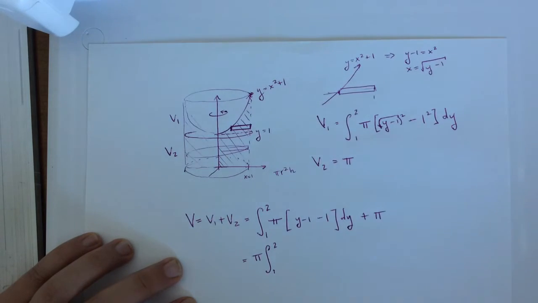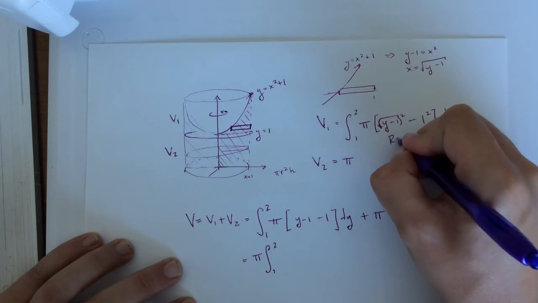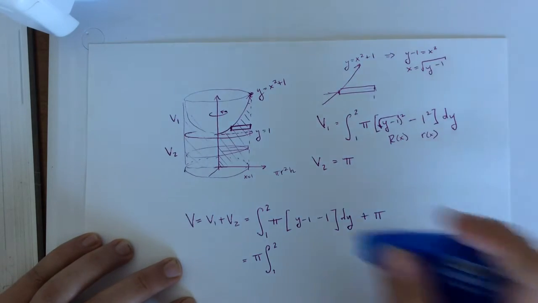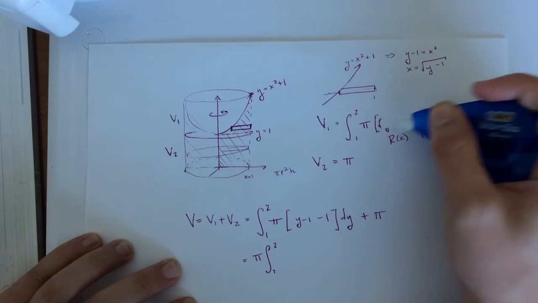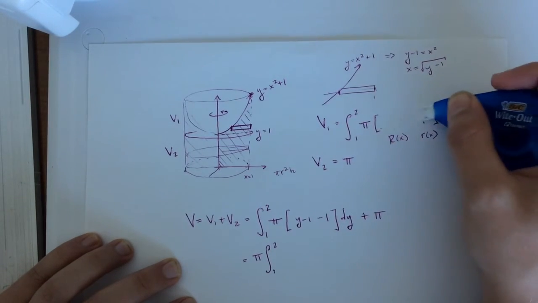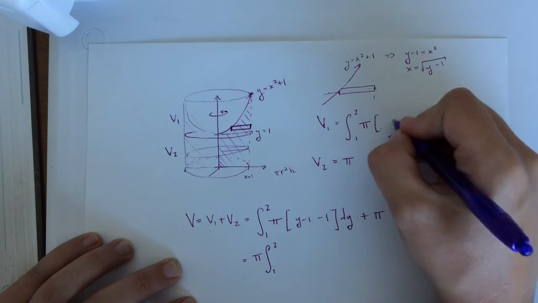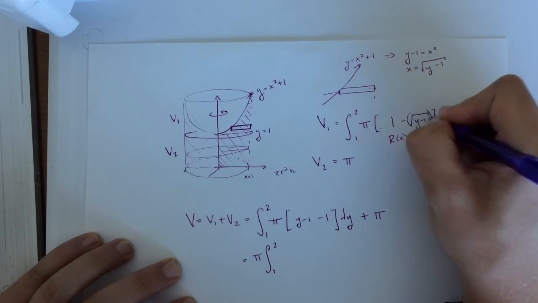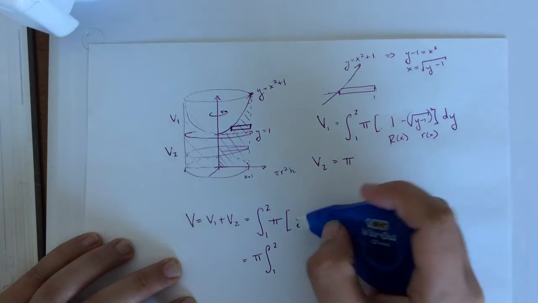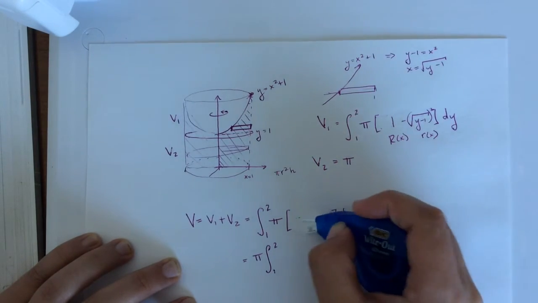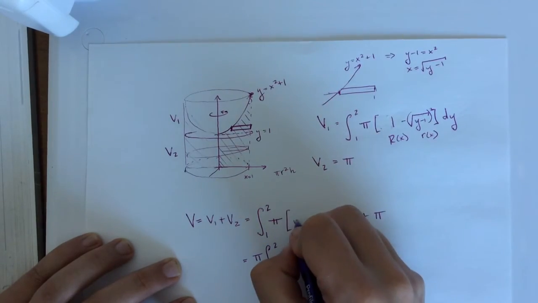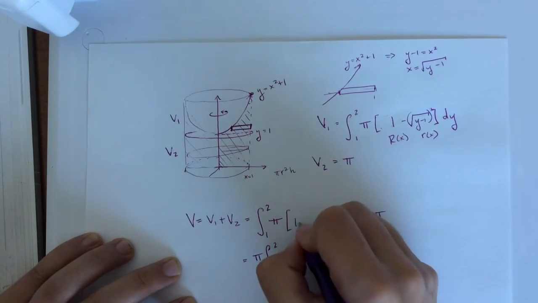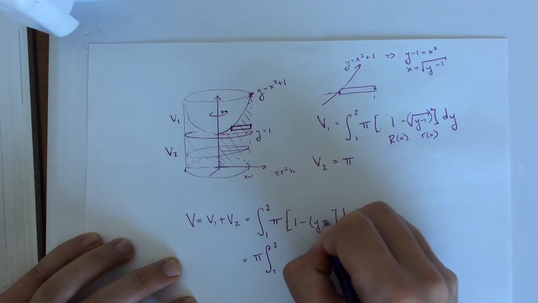And looking back, I see I've made a mistake. Oops. This needs to be my major radius, this needs to be my minor radius. Remember, mistakes only count if you don't catch them. My major radius was 1, my minor radius was the square root of y minus 1, squared. So this needs to be the opposite as well. So it should be 1 minus, here we go, y minus 1.